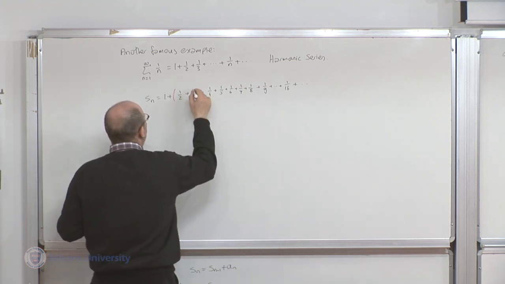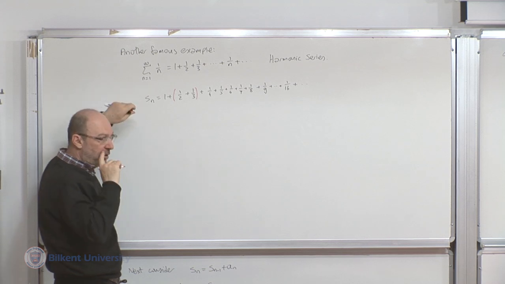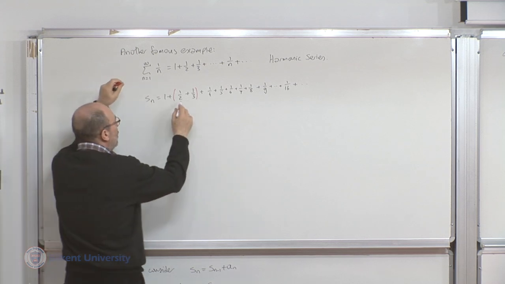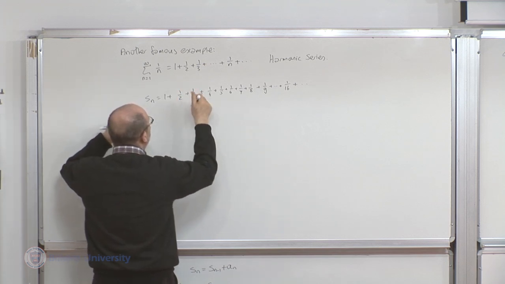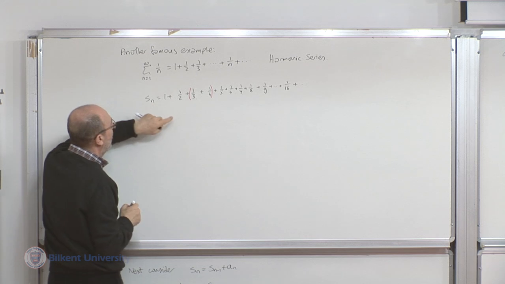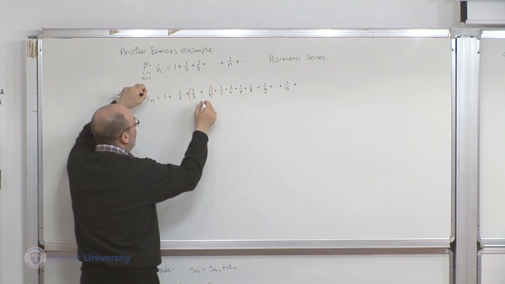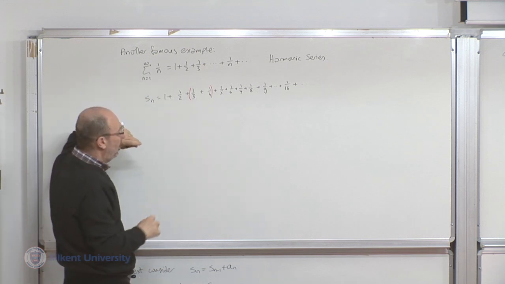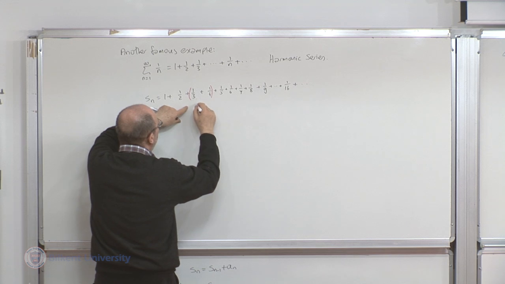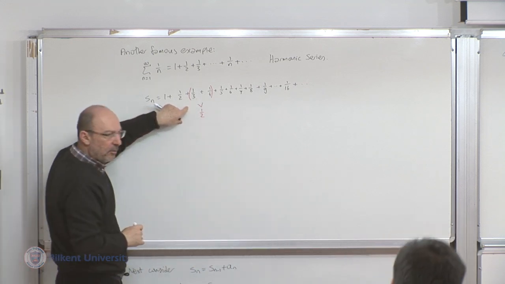So you see, we look at this one now. I'm looking at partial sums. So this is 1, this is 1 over 2. This is larger than 1 over 4, so this whole thing is larger than 1 over 2.